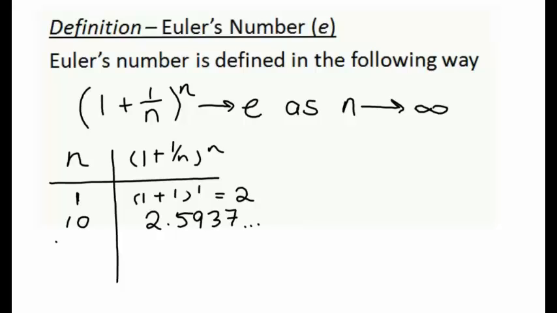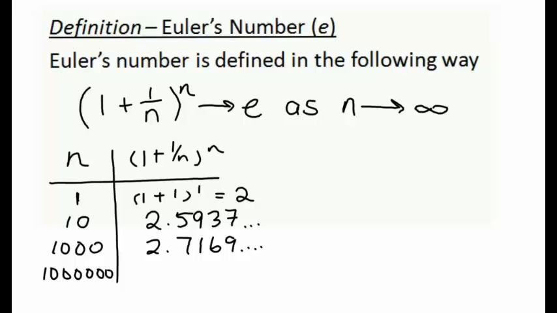Now we could make the value of n even bigger. We could try next a value of 1,000. And once again, you could try plugging this into your calculator. In this case, we get a number that's roughly 2.7169. And I'm going to choose a really large value next. I'm going to choose the value of 1 million.